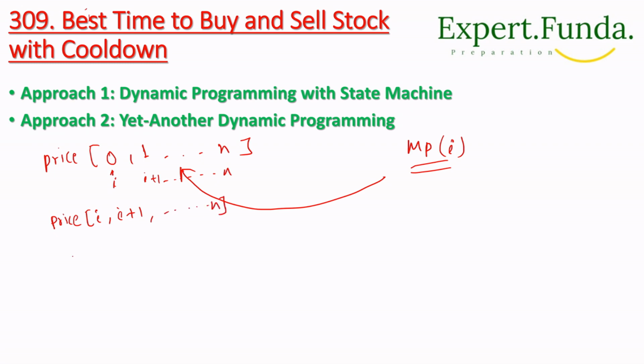So the price subsequence is price of I, I plus 1 and so on till n. What I told is, we have taken a sequence of prices, and this will have the prices 0, 1 and so on.